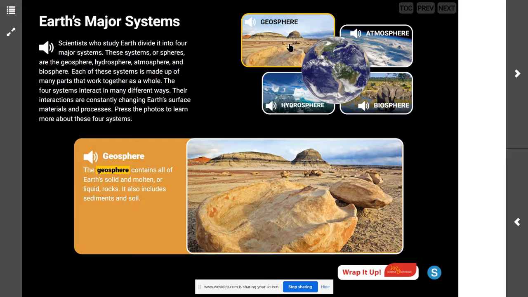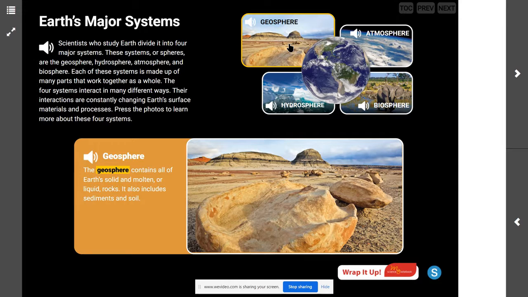All of the soil, the solid and molten and liquid rocks, the sediments, all of that, the geosphere is Earth. So we can see ways that all of these things interact together. We will be digging deeper into this as we move forward, because we will study each of these systems individually.